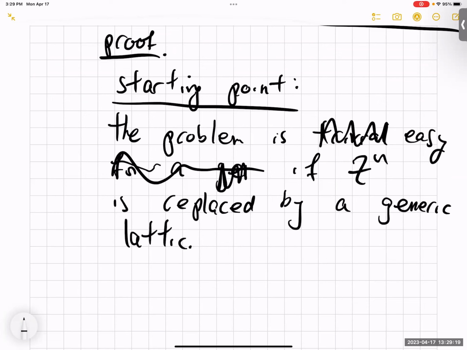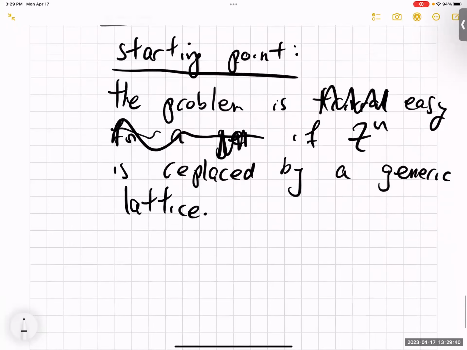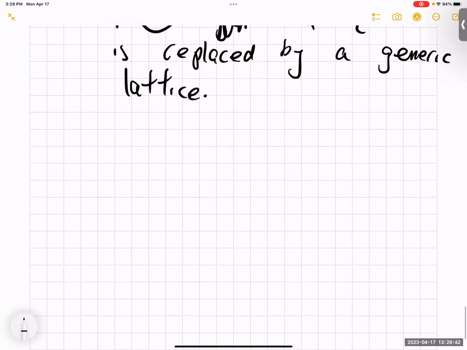So you take a lambda parallelotope, you search for a lambda parallelotope with small surface area rather than an integer parallelotope. So what do I mean by a generic lattice? We want what's called a good lattice.